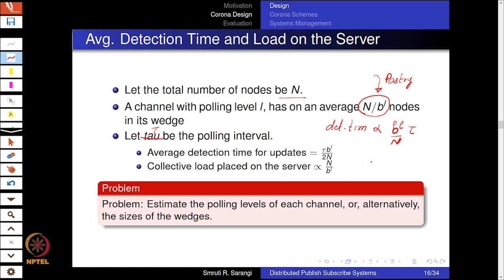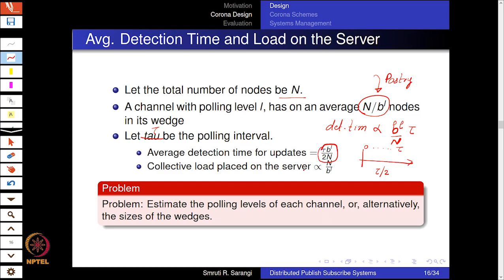And given the uniform distribution that we are assuming here, if a server is polling and between time 0 and tau the data could have changed at any point in time, the average latency will be tau by 2, which is easy to prove. So this gives us the average detection time for updates to be tau by 2 times b to the power L by n.